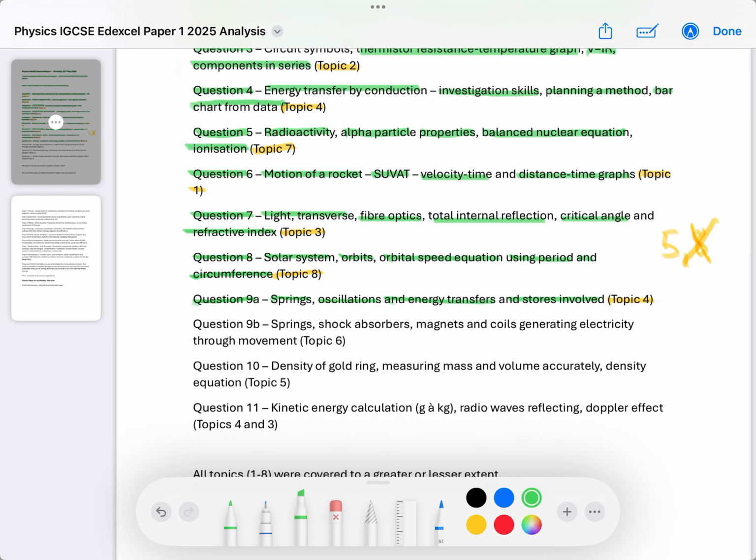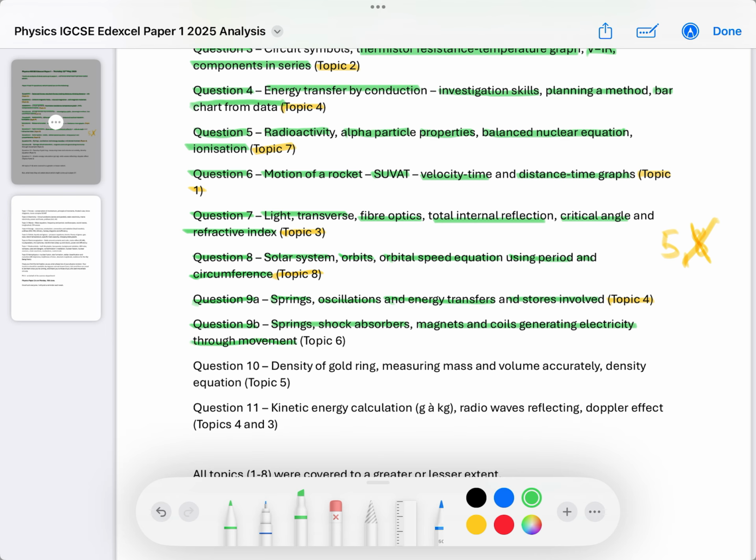Question 9 hasn't finished. They then continued with a theme of springs, but this time springs as shock absorbers. And inside the shock absorbers, they had magnets and coils moving, vibrating as you went over bumps to generate electricity. So there's a good link between topic 4 and topic 6, electromagnetism.